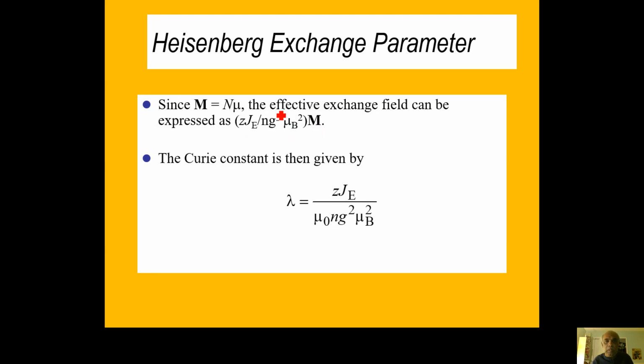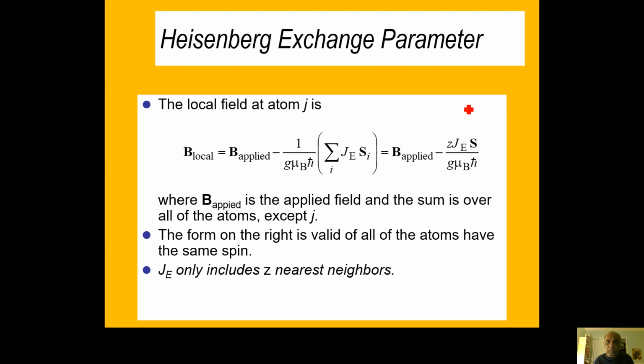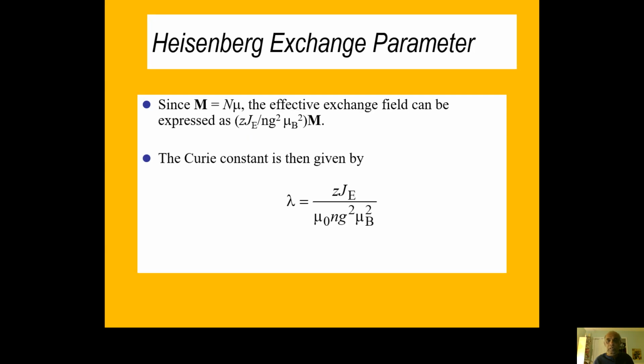And then the effective exchange field, that is BE. You can write it in terms of your magnetic moment, given by this expression here. So this is basically your BE, the exchange field.